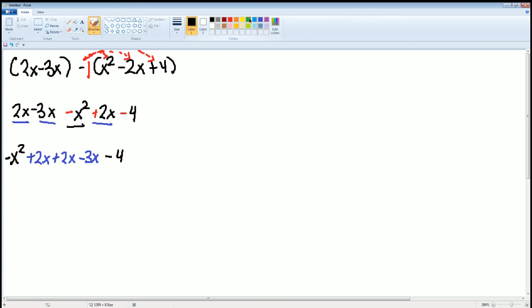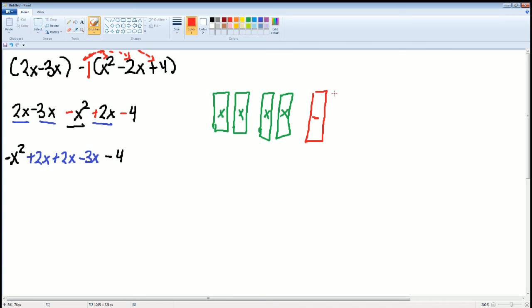Well, it looks like this. Here's your x, here's your other 2x, this is the second 2x. So 2x plus 2x. Then you have your minus 2x. So minus 3x.